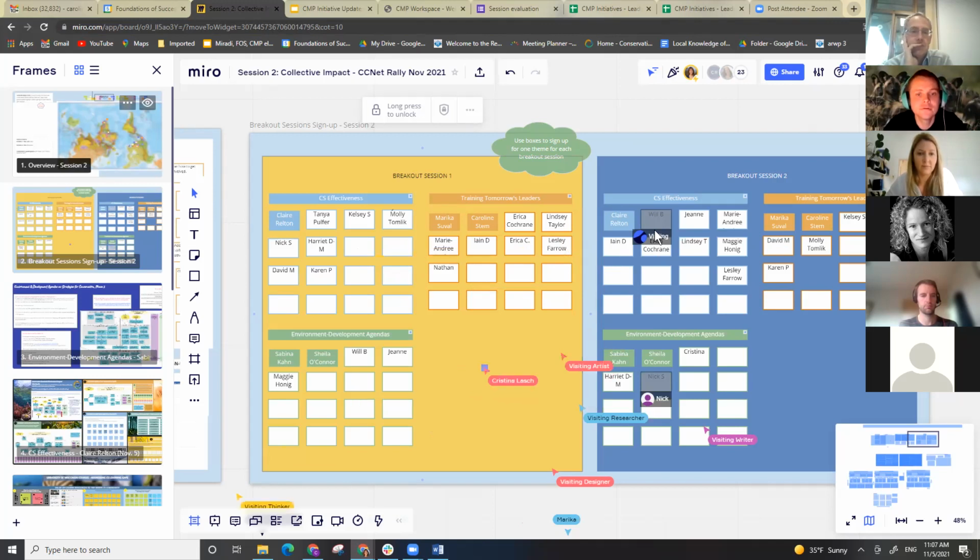He wants CS effectiveness. He's in there now, he's got his name up there now. Right, but I have to assign him to the breakout group. Okay, I'm going to open up these groups in just a moment, and then whoever's left will figure out where to put you.